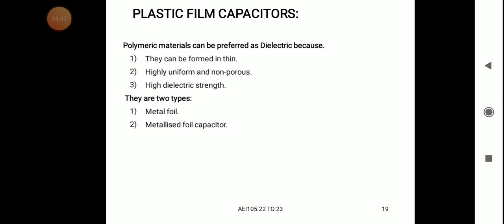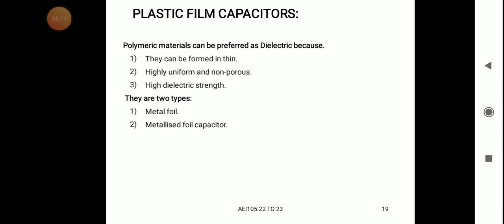Highly uniform and non-porous means the structure of these polymers is uniform, so whatever charge is stored in the capacitor is uniformly charged, and there is no leakage, and there is also high dielectric strength. That's why we use polymer material as a dielectric material.